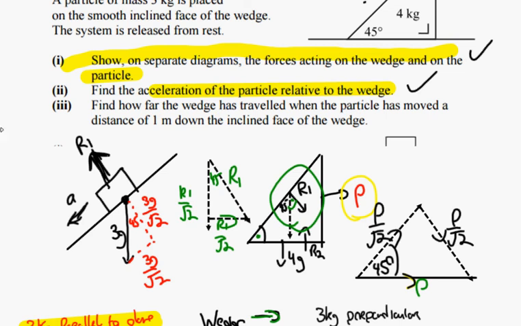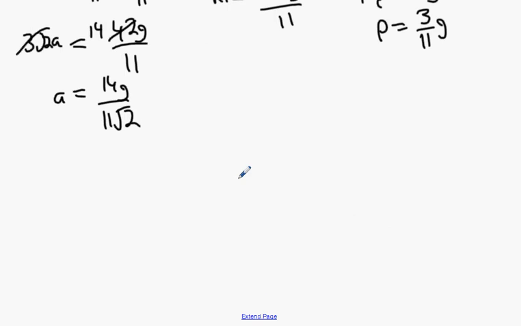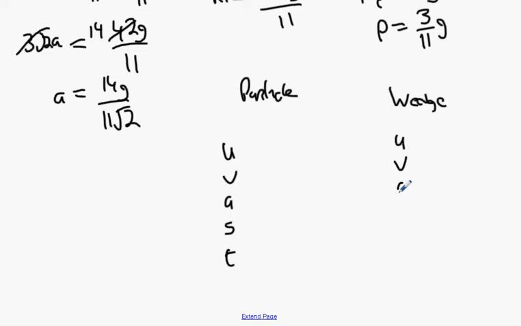Okay. So when you're talking about the particle in isolation, the particle relative to the wedge, you're only talking about a only. So although the p is affecting it, the p affects its overall motion, it's like walking on a train. When you walk through a train, it's the same effect as if the train wasn't moving whatsoever.